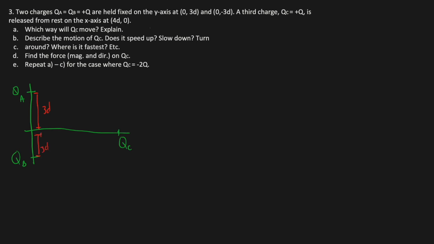And for QC, here is 4D. So which way will QC move? We know QA is a positive charge, QB is also a positive charge, QC is also a positive charge, and we also know the rules: like charges repel, opposite charges attract.